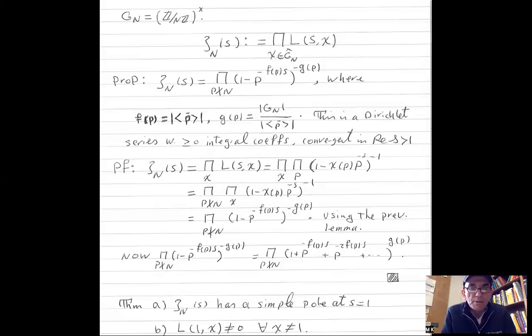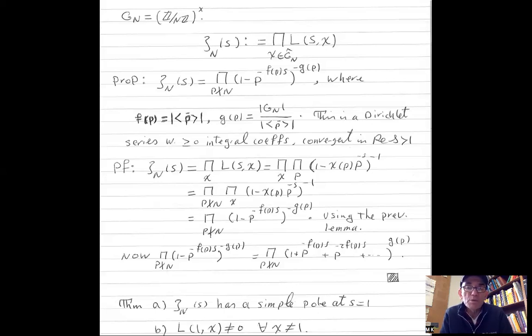The proof is simple. We can just write it as the product of all L functions. Then we use the Euler product formula for each L function. And then we notice that, of course, chi of p is 0 if p divides n, for all characters modulo n.